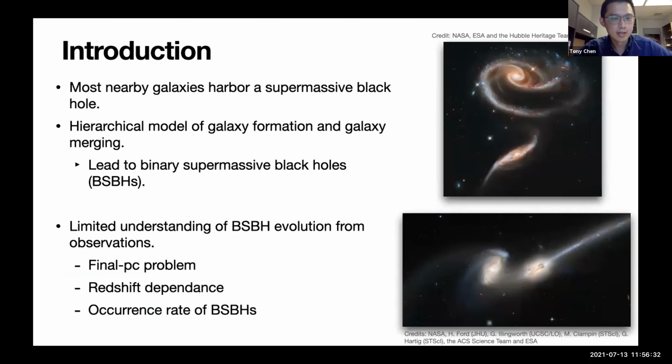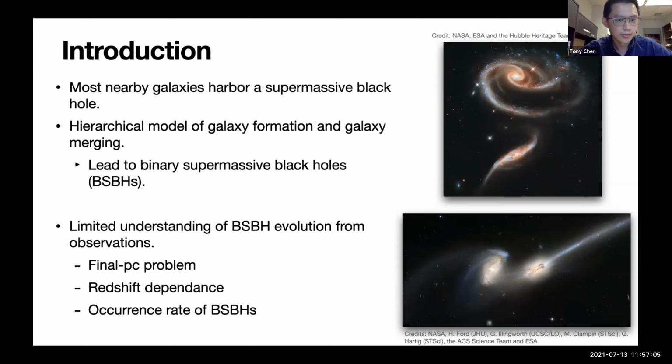Okay, so first I want to make a brief introduction. As we all know, from observational evidence, most nearby galaxies harbor a supermassive black hole at their center. And from simulations, we also see hierarchical merging of galaxies. Combining those two factors, we should expect to see binary supermassive black holes in our universe.